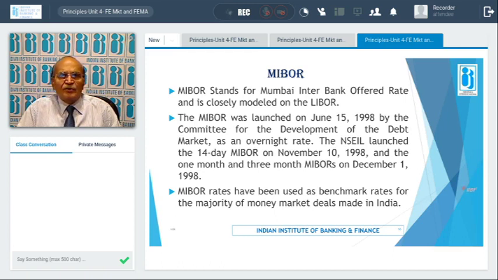NSEIL launched the 14-day Mibor on 10th November 1998 and 1 month and 3 month Mibors on December 1st, 1998. Mibor rates have been used as benchmark rates for the majority of the money market deals in India.